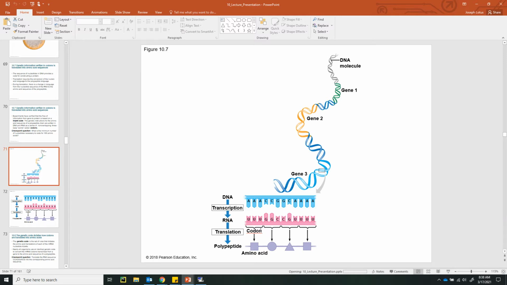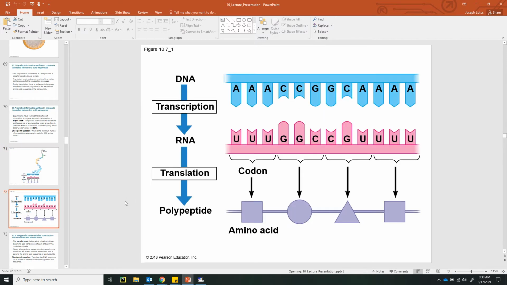Now, during translation, this RNA message is going to be read with the help of ribosomes and also tRNA molecules. And we're going to use this information to build a string of polypeptides, okay? We have many peptide bonds. So we're building this string of all these different amino acids. Now, how do we know which amino acid to get?